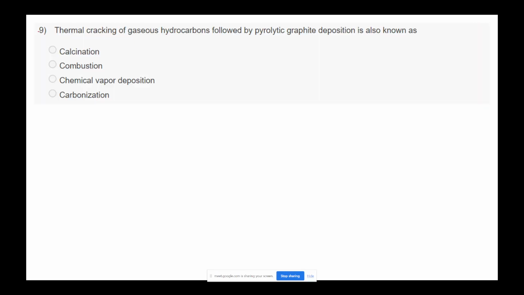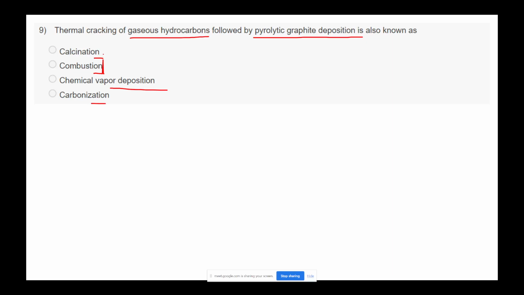Fine. The next question: thermal cracking of gaseous hydrocarbon followed by pyrolytic graphite deposition is also known as what? Calcination, combustion, CVD, or carbonization.